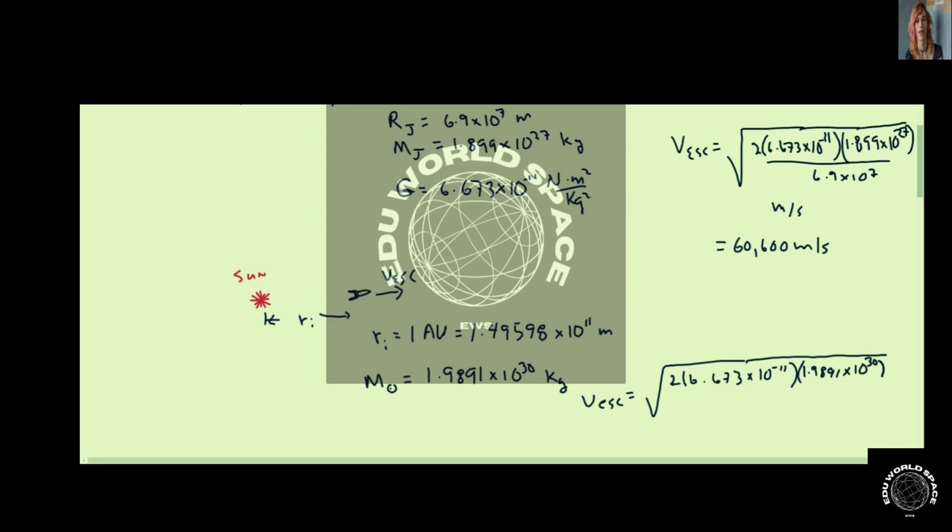And one of the things that's a little bit sobering is how massive Jupiter is, about 1/1000th the mass of the sun, which is a little bit sobering to realize. Many people call Jupiter a failed sun.